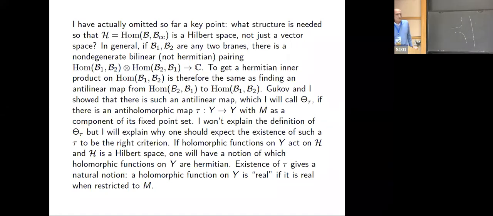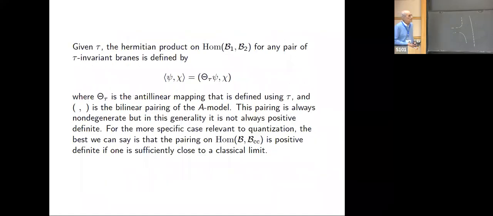Roughly, the A model of Y has to be defined over polynomial functions in h bar, not just formal power series. So you can't start with any M and any complexification. It has to be nice in a sense I don't have time for. All I will really say is that the Higgs bundle moduli space is nice in the appropriate sense.